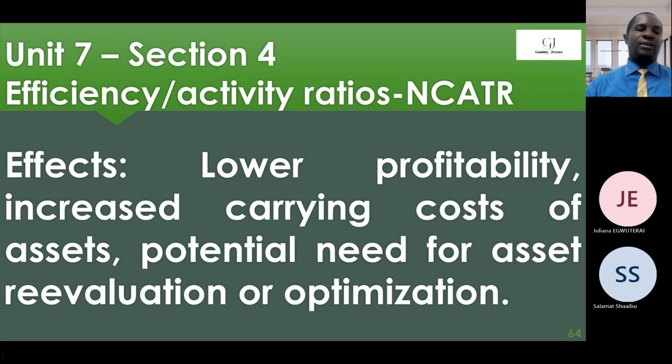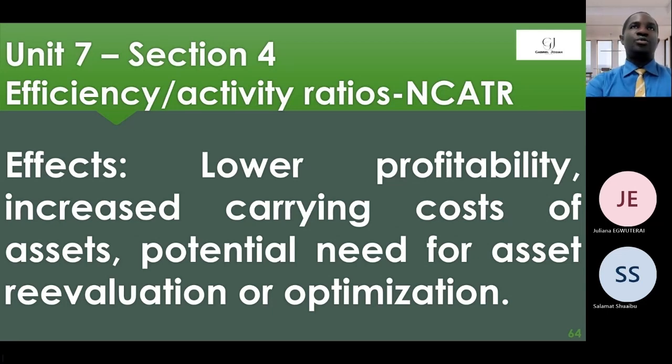And the effect is that when there is a lower asset turnover, it culminates in lower profitability and increased carrying cost of the asset. So the carrying cost of the asset based on IFRS 13 becomes higher than the purchase cost of the assets, showing potential need for asset revaluation or optimization.